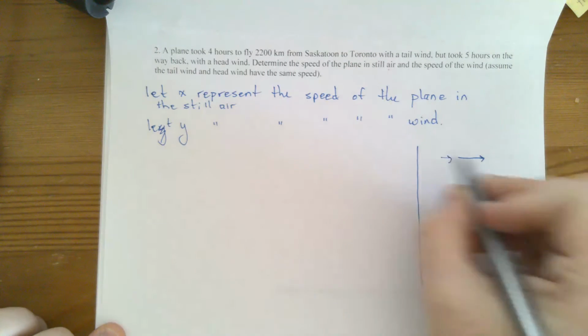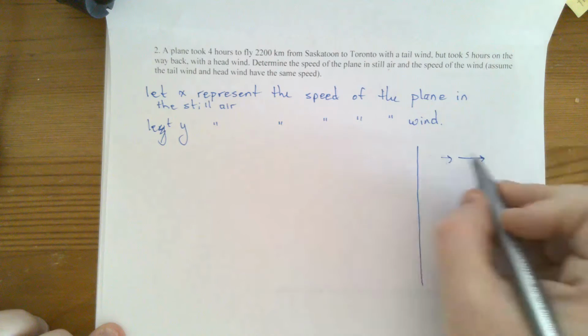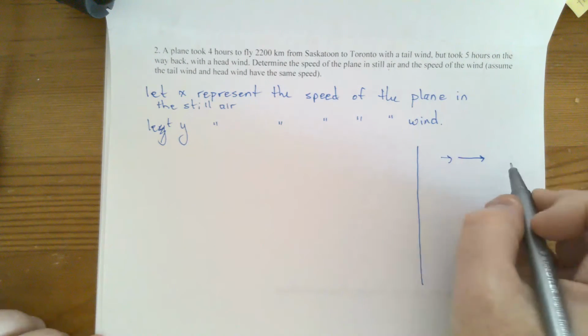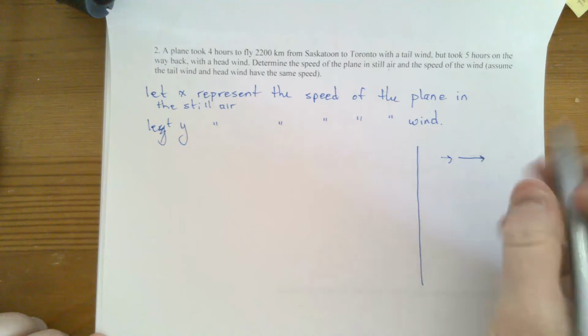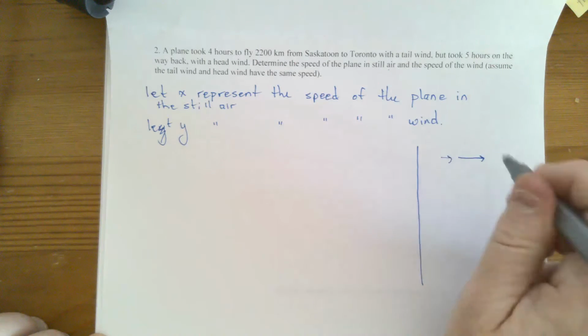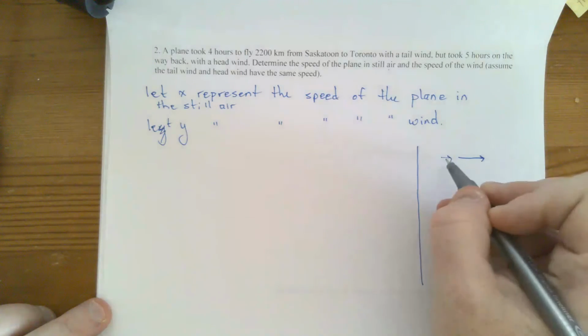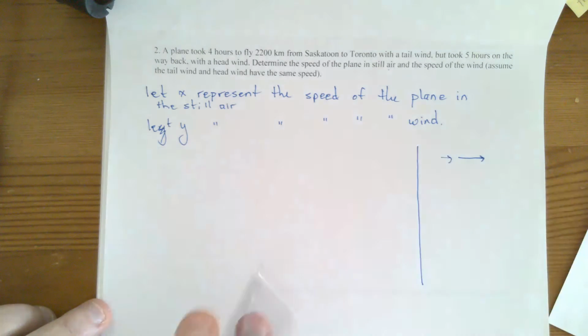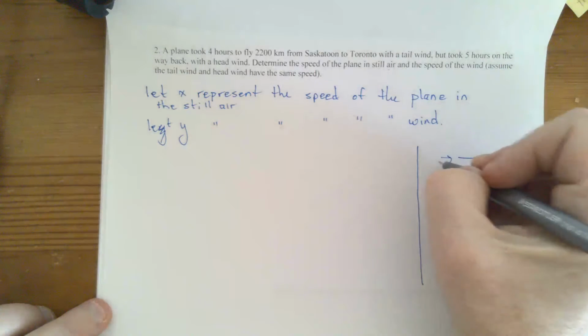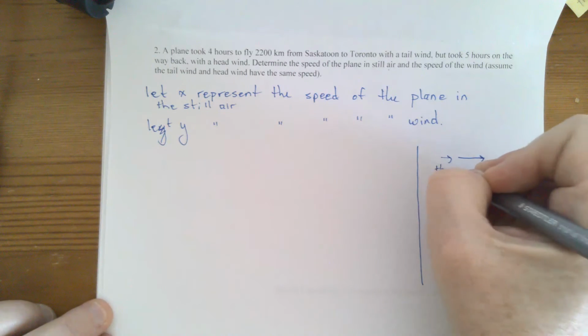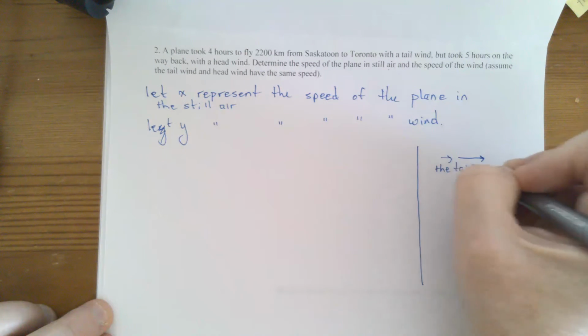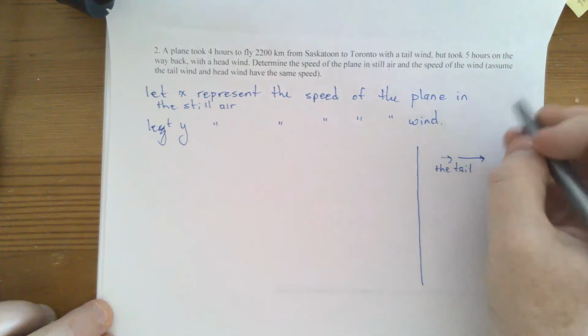So whenever there's a tailwind, the actual speed is going to increase, because the plane is flying at a certain speed and the tailwind is adding to that speed.